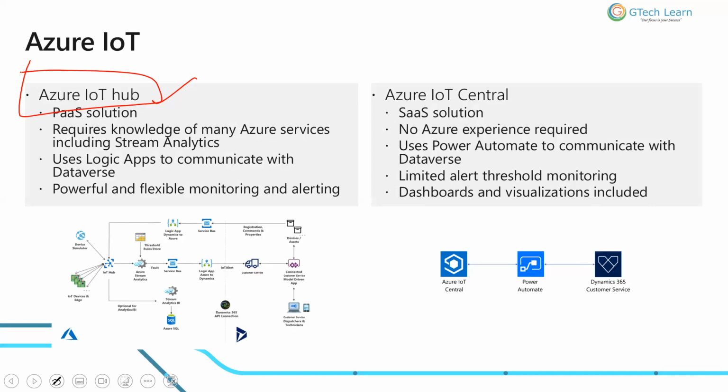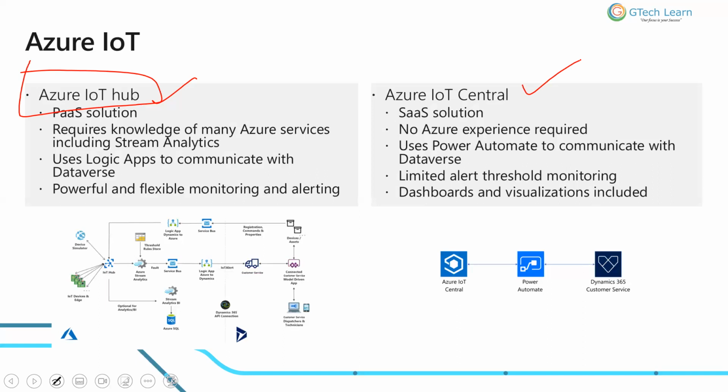Other than the IoT Hub, we can utilize a different solution provided by Microsoft, IoT Central. IoT Central is a software as a service offering provided by Microsoft. We can directly opt for that service and directly connect to it.